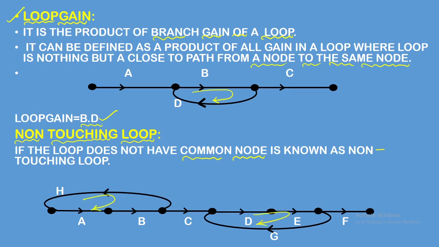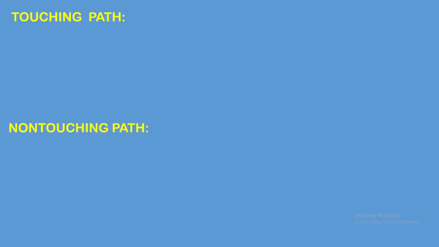Let us name these two loops L1 and L2. They are not having any common node. The nodes are here and the nodes are here, so they have no common node. That's why they are called non-touching loops. That is the meaning of non-touching loops.